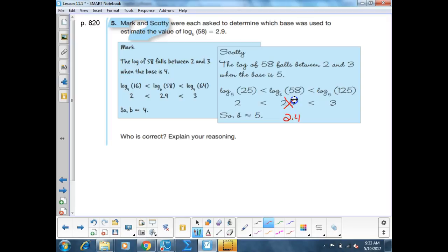Could we have said log base 8? No, because log base 8 would be outside of the 3 range. It'd actually be lower, it should be less than 2 then. So technically it's right, but Mark is just a little more accurate.